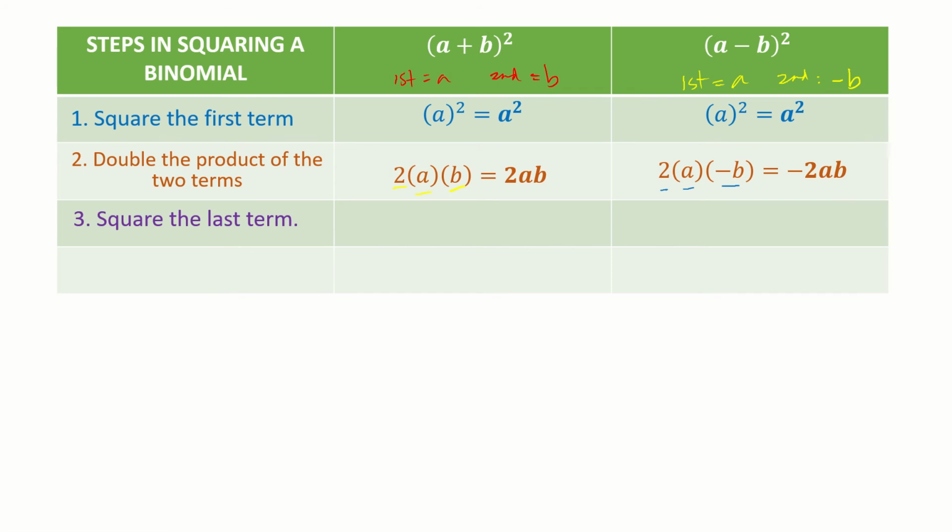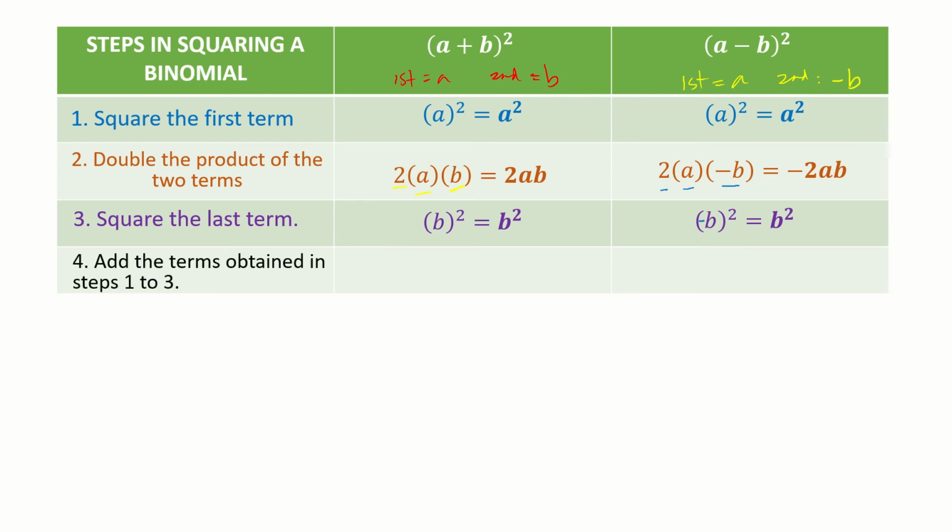The third step is to square the last term, similar to the first step, except we're using the last term this time, the second term. So the square of b is just b squared. Here, our second term is negative b, but the square of negative b, negative b times negative b, is just b squared.